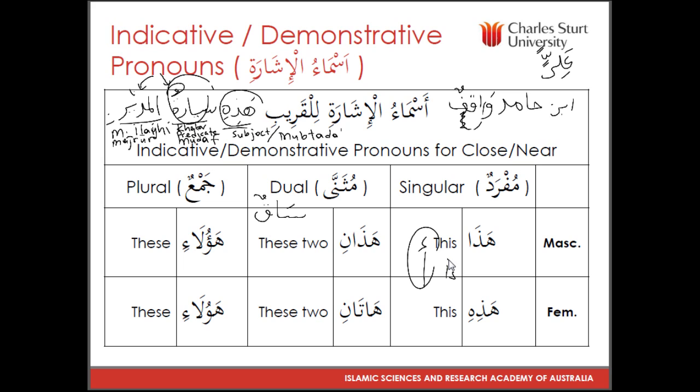It is not a question. To make it a question, it should be at the end. To just answer, this is Ali's watch, the watch of Ali, هذه ساعة علي, in front. Okay.